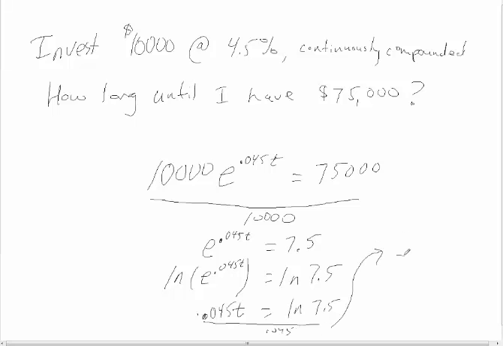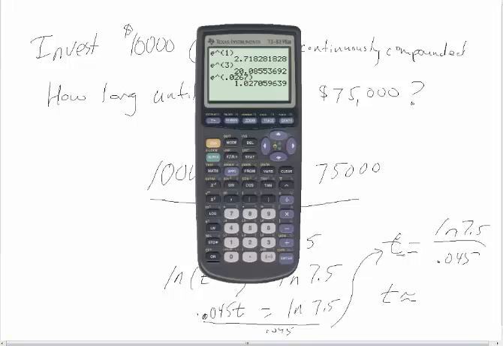So t equals the natural logarithm of 7.5 over 0.045. And if we use our calculator, we have ln 7.5 divided by 0.045 equals 44.7756.